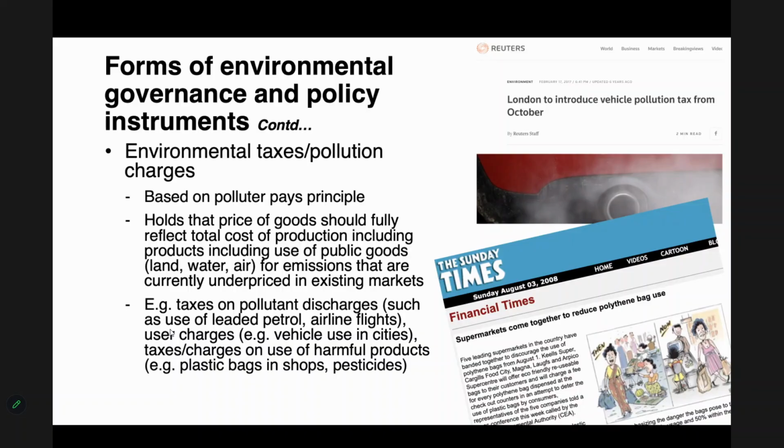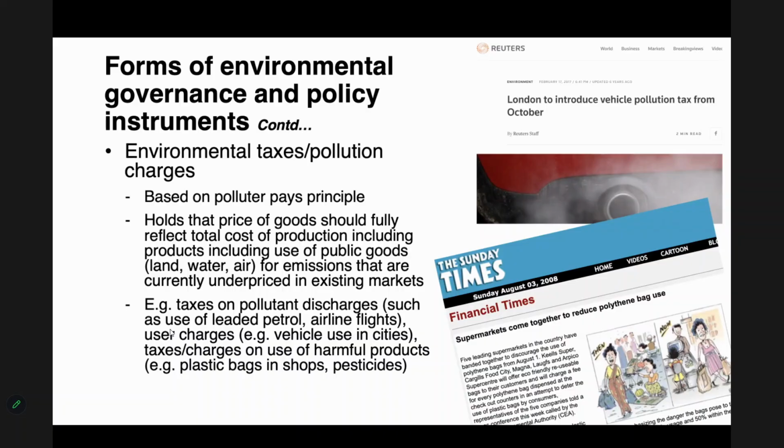Then there can be certain taxes and charges that are placed on use of harmful products. So, for example, the use of plastic bags in shops, or some supermarkets in Sri Lanka are now implementing this as well.